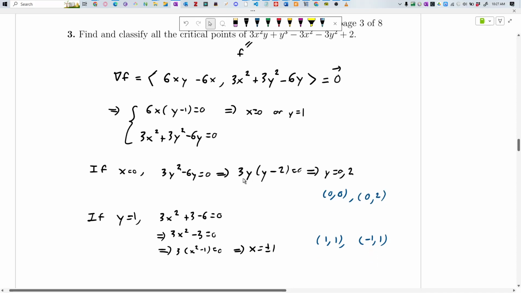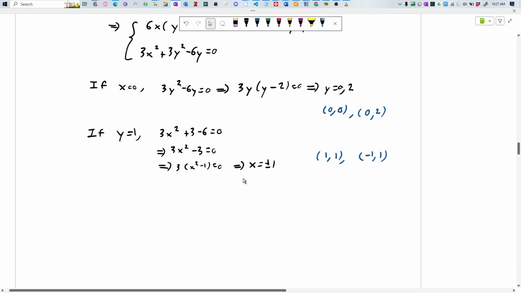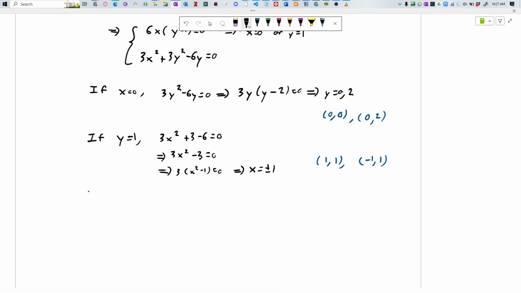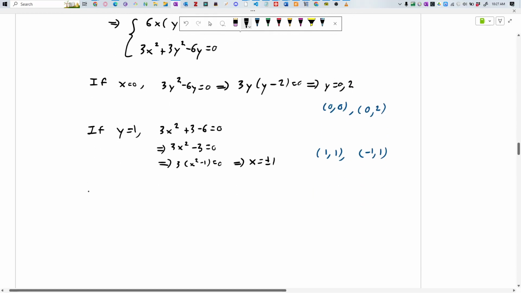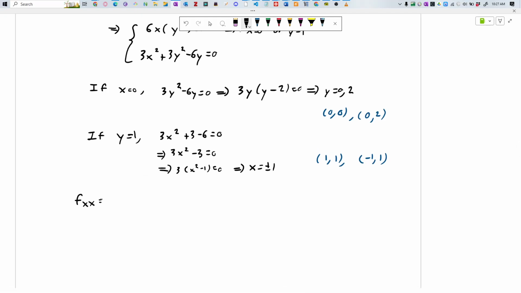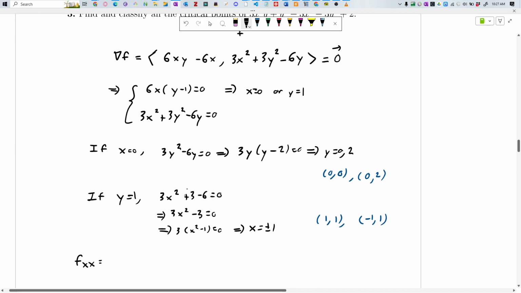Now we have to classify. In order to classify them, we need the discriminant. So let's compute the discriminant now. I have the first derivatives. I'm going to need the second derivatives. So the xx derivative, let's see what that is. This is f sub x. The x derivative of that is going to be 6y minus 6.